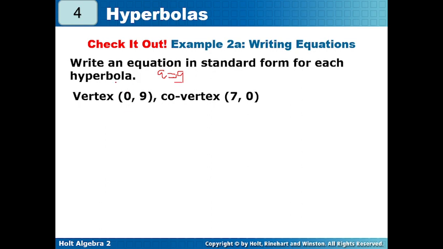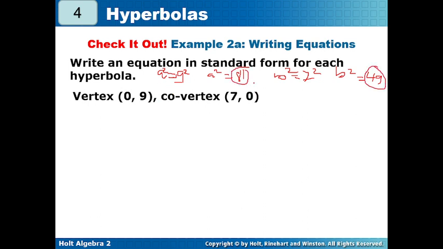To find a squared, you just square that, so your a squared is equal to 81, right? Your co-vertices is 7. If you square that, your b squared is equal to 49. So you have 81 and 49.